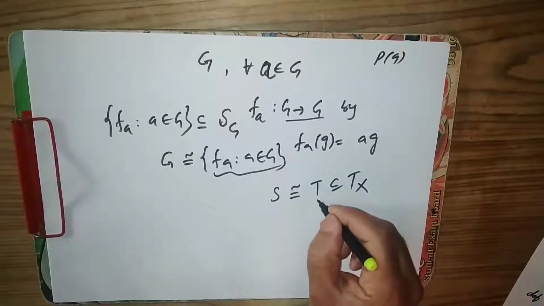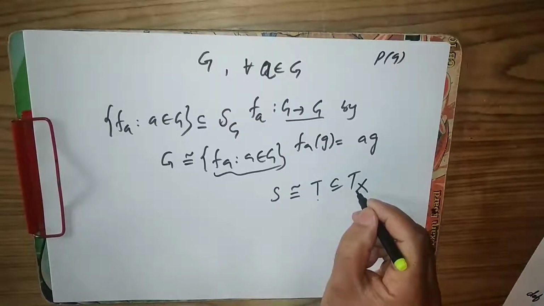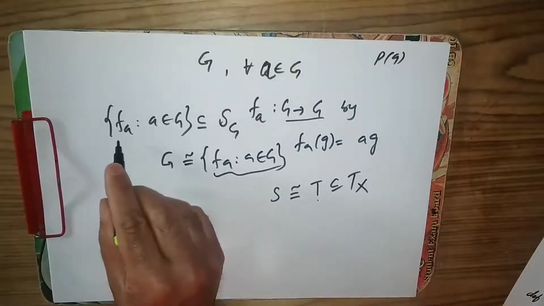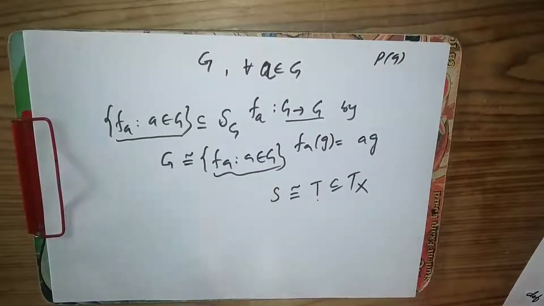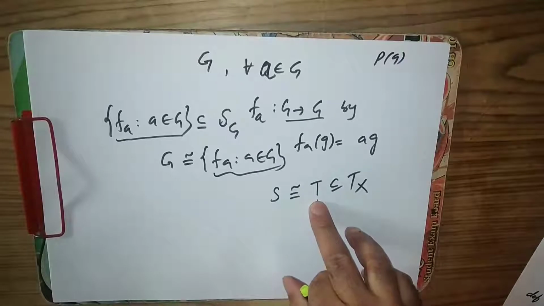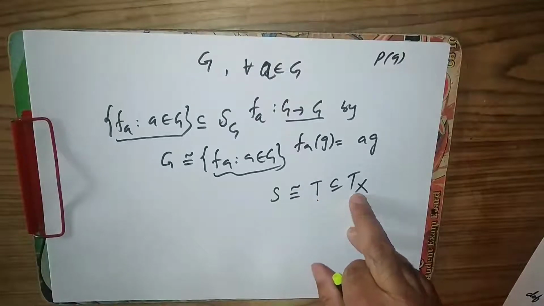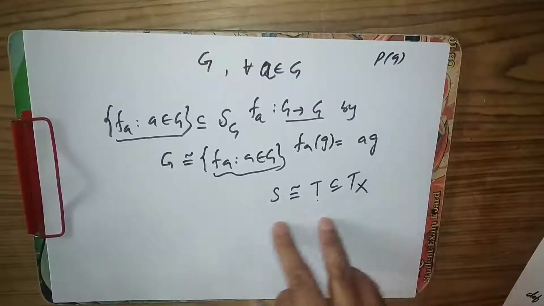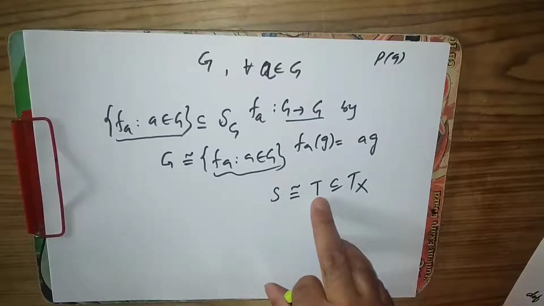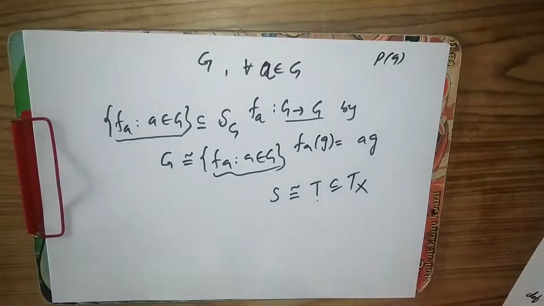It's a subset of the full transformation semigroup. Like here, it's not the full permutation group, it's a subgroup of the permutation group. And here same, T is not the full transformation semigroup. It is a sub-semigroup of the full transformation semigroup.